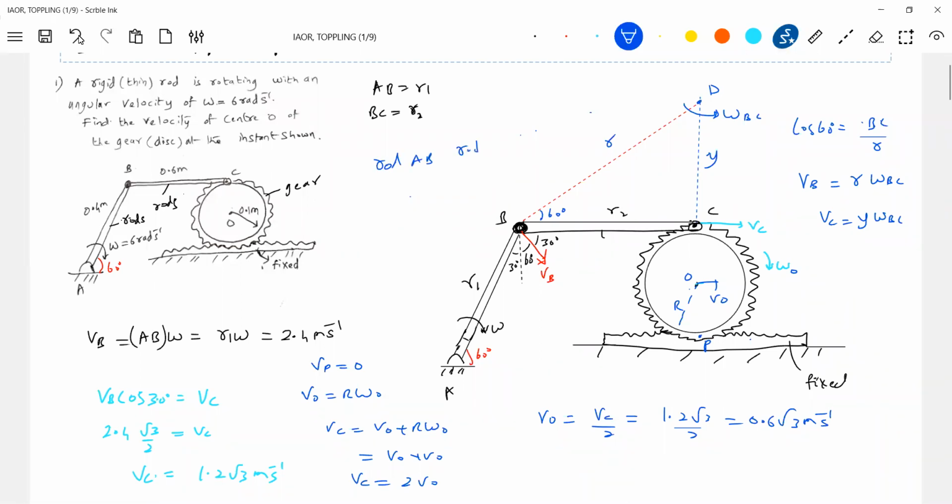And the point D will become the instantaneous center at that instant. At that instant, I'm saying.